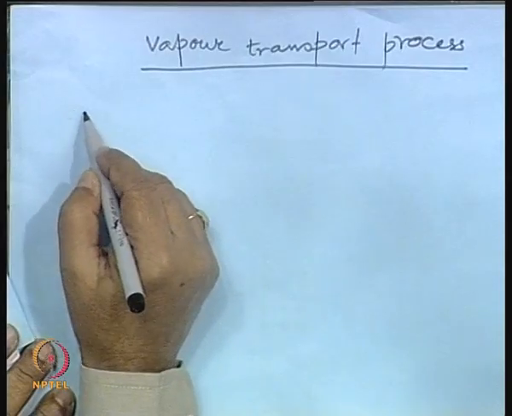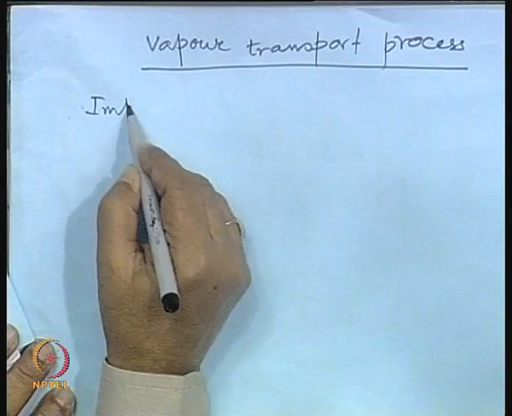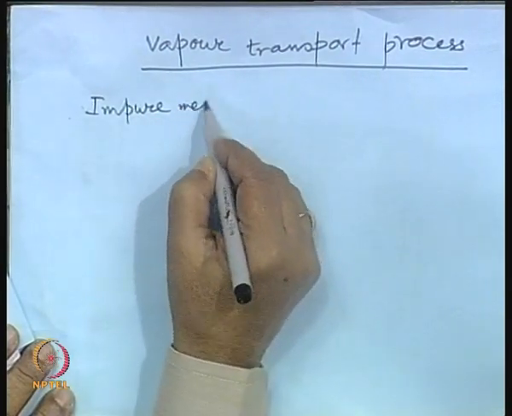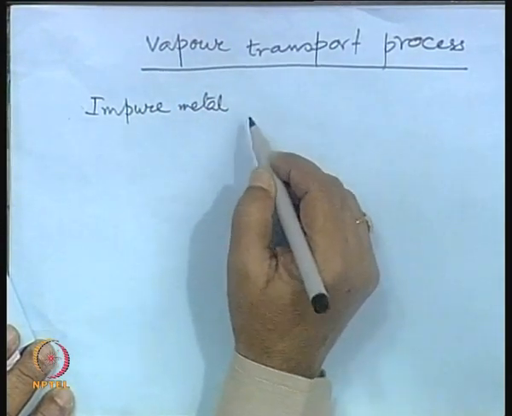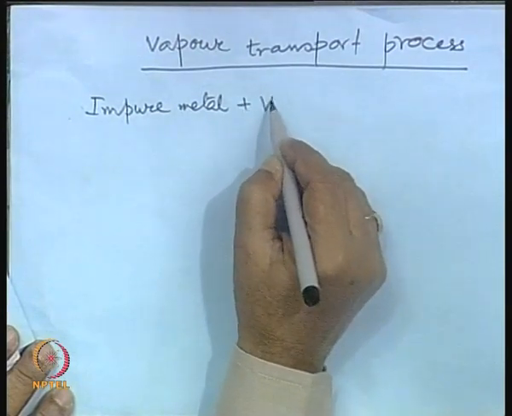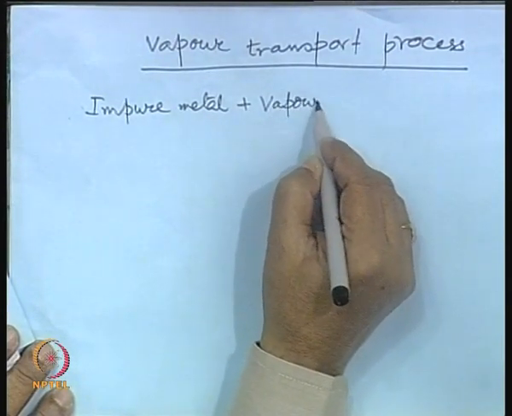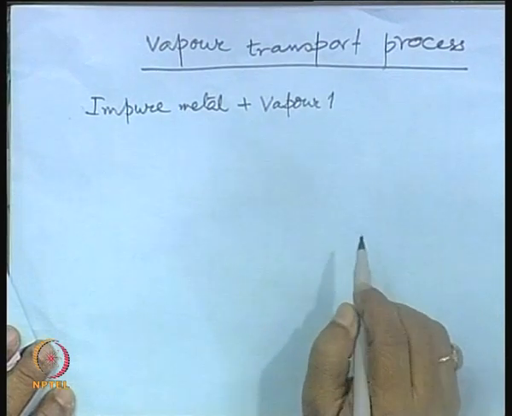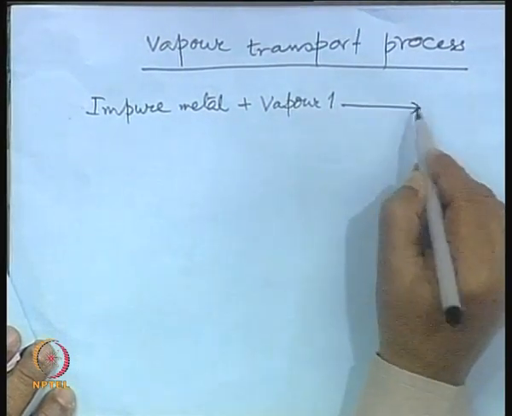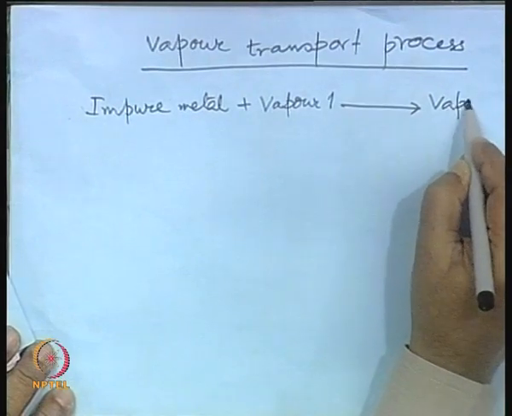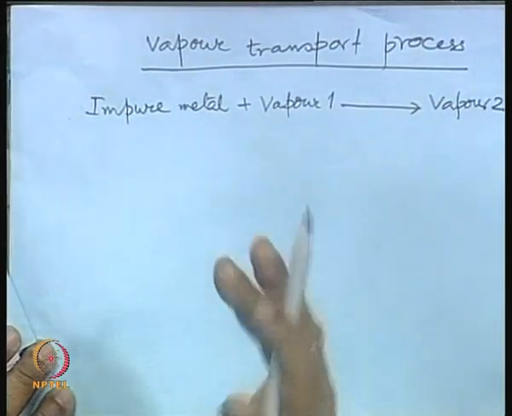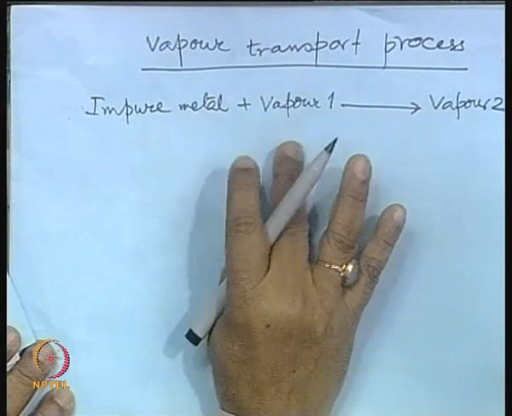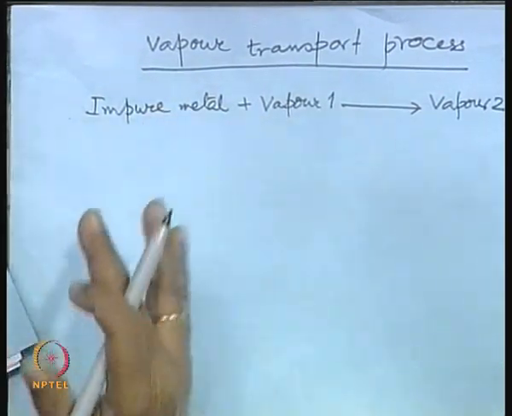See, the whole idea here is that we will take the impure metal and make it react with a vapor or gas, say we call it vapor or gas 1, to produce another vapor 2. That means the gaseous reactant reacts with the impure metal and takes it into a gas phase vapor 2 at some temperature T1.